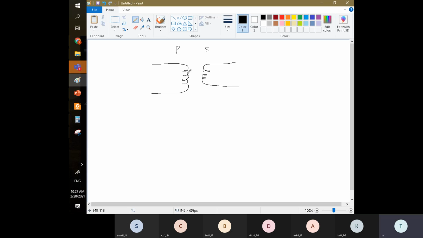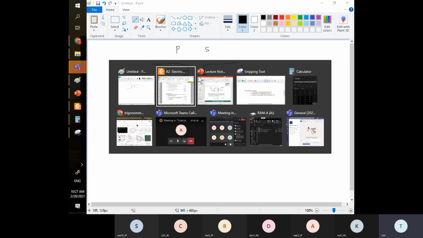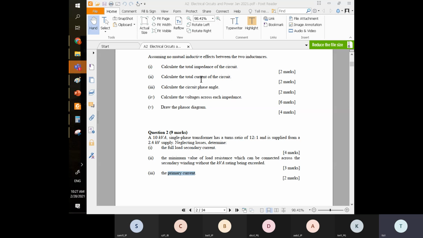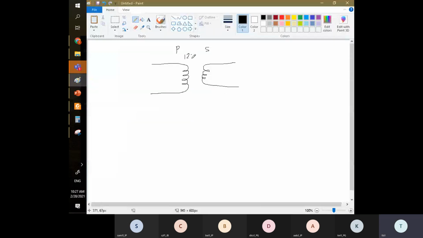The voltage here depends on the turns ratio. The turns ratio given is 12 to 1, which means if here is 12 volts, here will be 1 volt. The turns ratio determines the voltage.